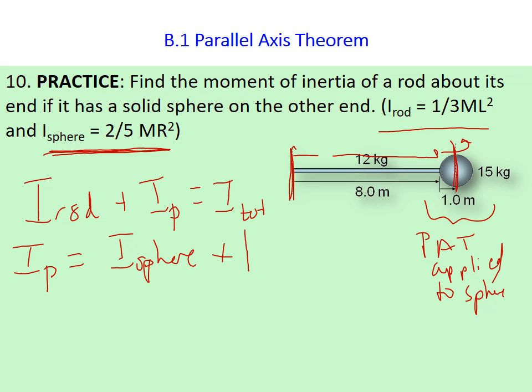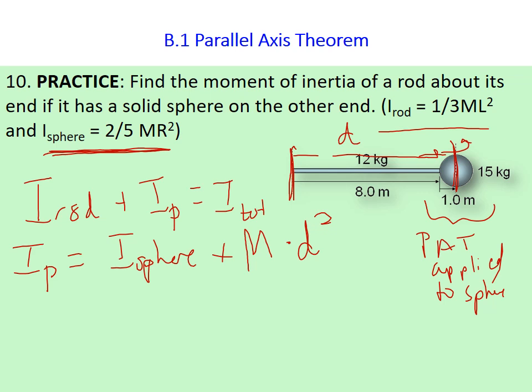So we take the sphere's mass and multiply it by how far away it is, this distance d, how far away its center of mass is from the true axis of rotation. And I know this is complicated and I'm really trying to explain this without going into integration, but for this level, all you have to do is add up all of these moments of inertia. That's all we've been doing for the past few practice problems.